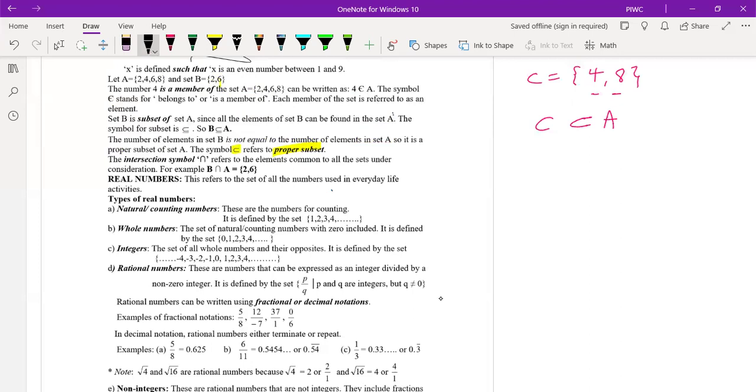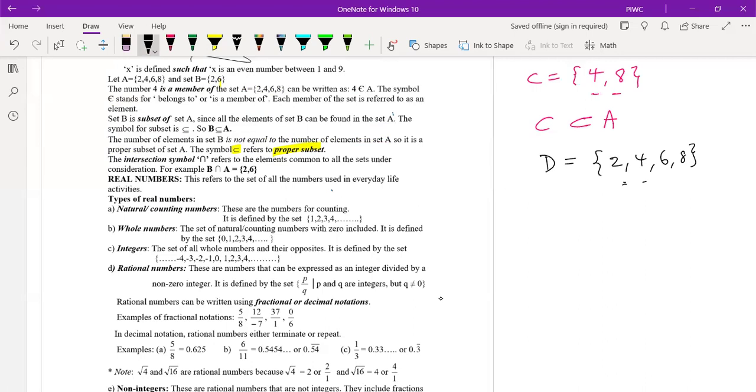Now let's come up with another example. If I tell you the set D is made up of 2, 4, 6, 8, is D a subset or proper subset of A? Let's see. You have 2, 4, 6, 8.